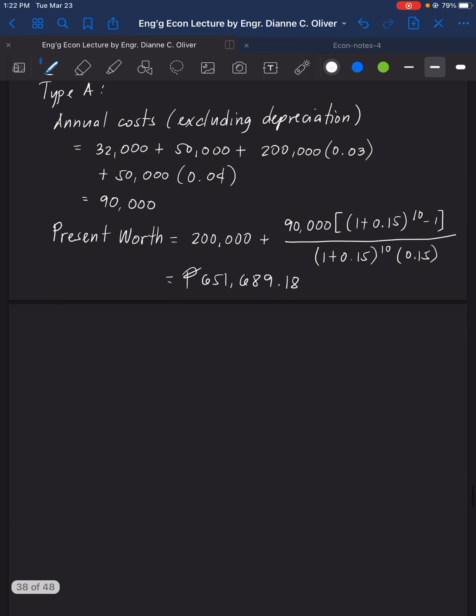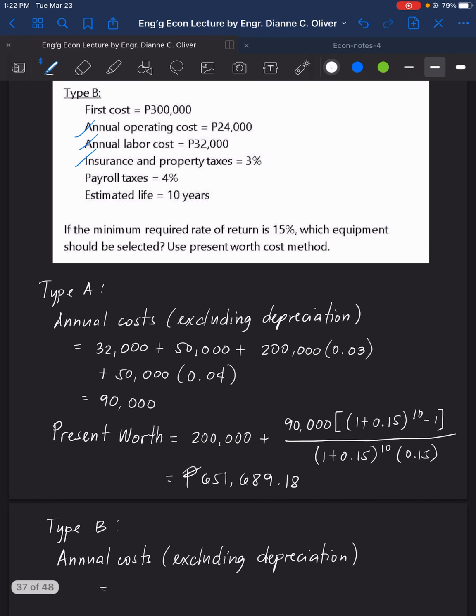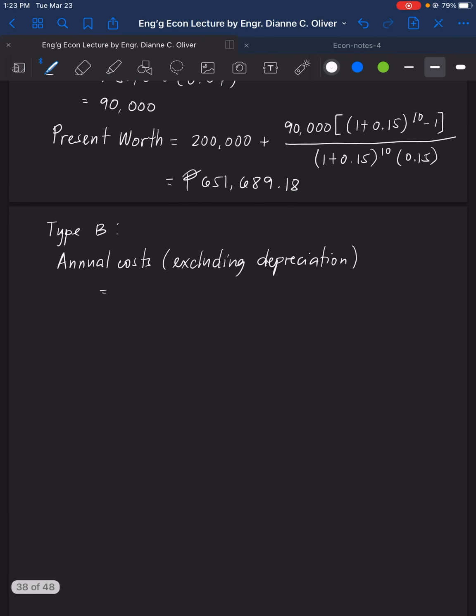How about type B? For type B, we have the annual costs, excluding depreciation. So we have here 24,000 for the annual operating cost plus 32,000 for the annual labor cost.